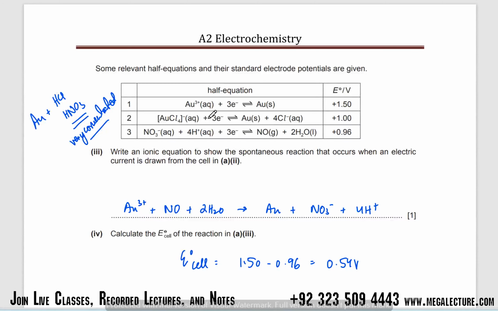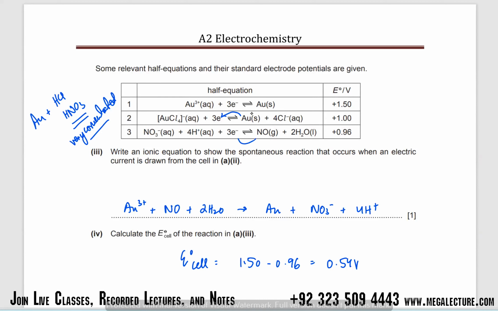The first one has, I mean, it's got Cl ions, so probably hydrochloric acid is providing the Cl ions. So we're looking at equations number 2 and 3. Now, if I look at equations 2 and 3, gold in the presence of concentrated nitric acid, then the reaction is not feasible because gold is not going to dissolve.